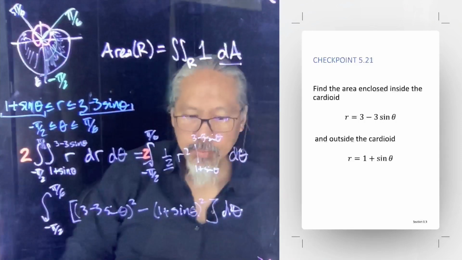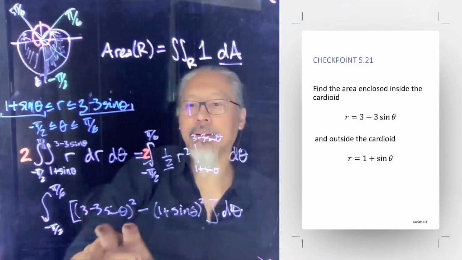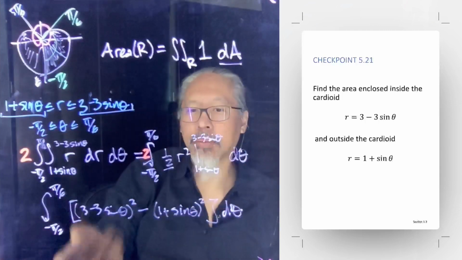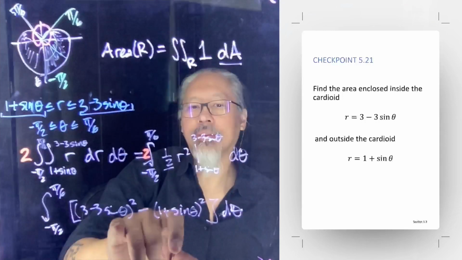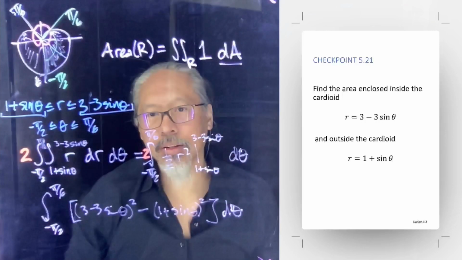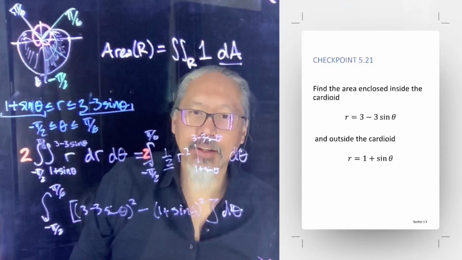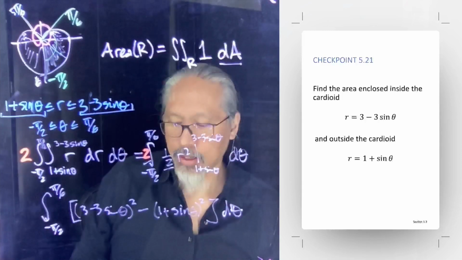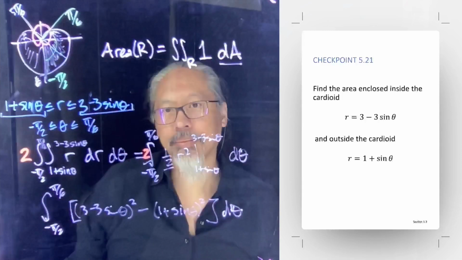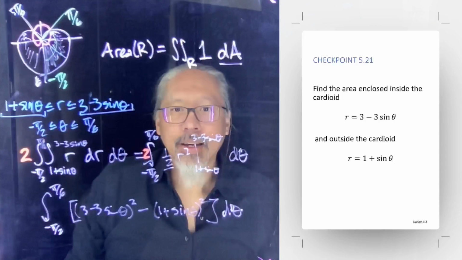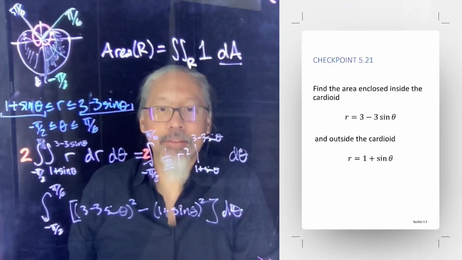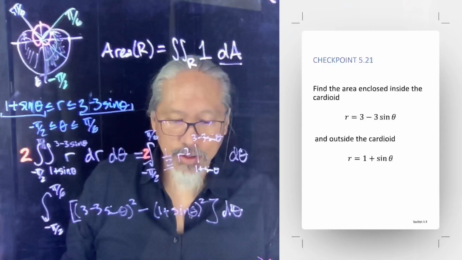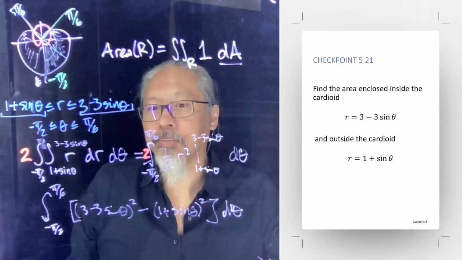Okay, now what's going to happen here is that you FOIL this out, you combine things, and then you'll have a constant term, a term with just a sine, and a term with a sine squared. The sine squared is going to be a half angle integral problem that I don't really want to deal with. So I'm just going to put everything into Wolfram Alpha, to the computer, and have the computer do the work for me.